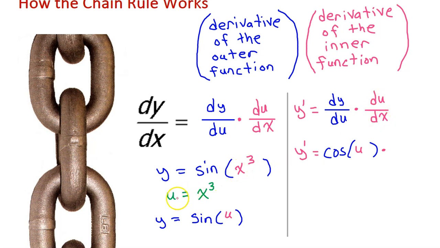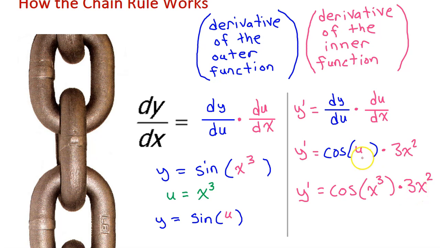We suddenly remember that u is x to the 3rd power, so the derivative of u with respect to x is going to be 3x squared. Substituting the x to the 3rd power back in for u gives us the final answer. Y prime is equal to the cosine of x to the 3rd power times 3x squared.